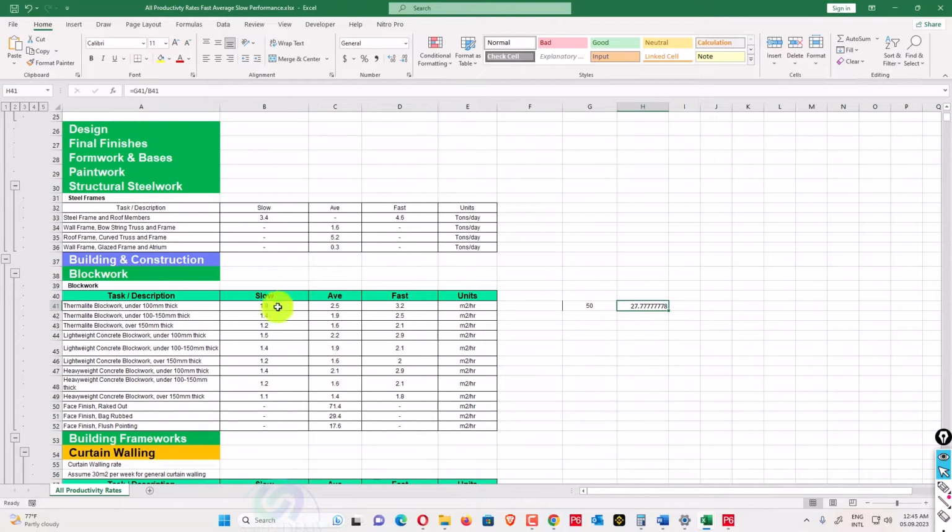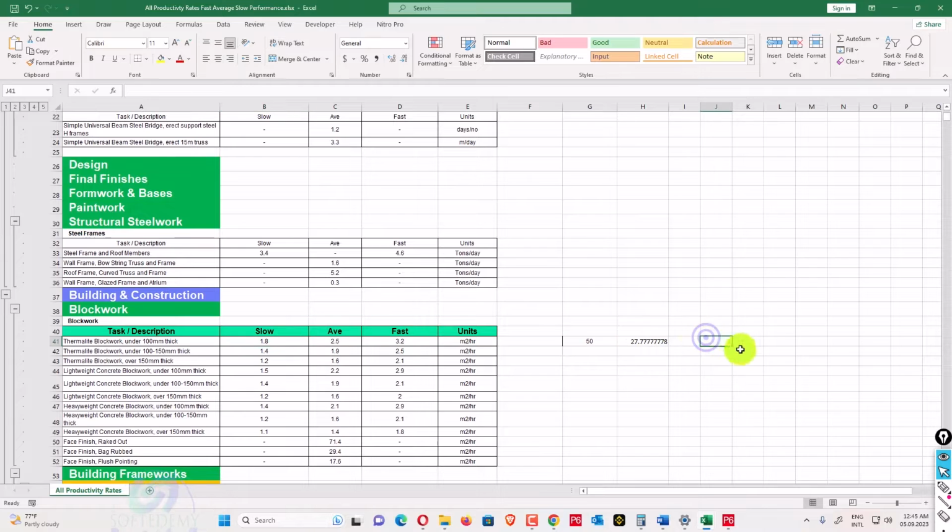So 1.8, there will be a crew in it. Maybe this work is block work, so we consider 1 is labor and 0.8 is the mason. By combining these two, we have 1.8 productivity.